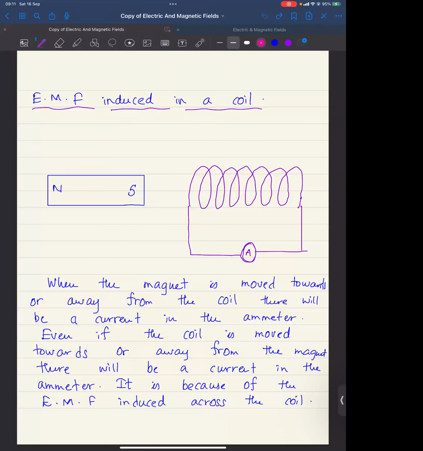Full stop. It is because of the EMF induced across the coil.